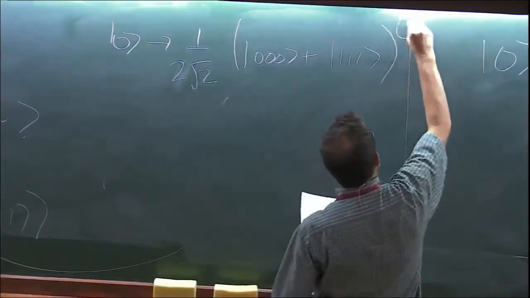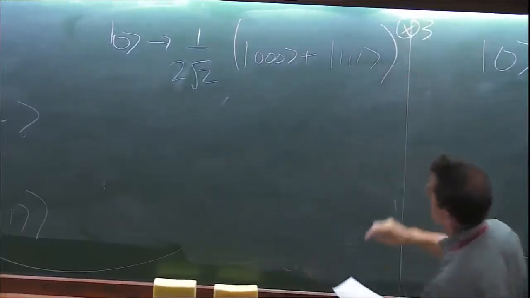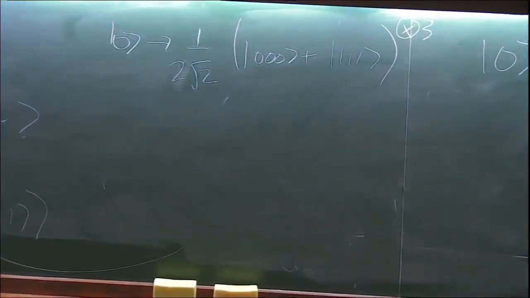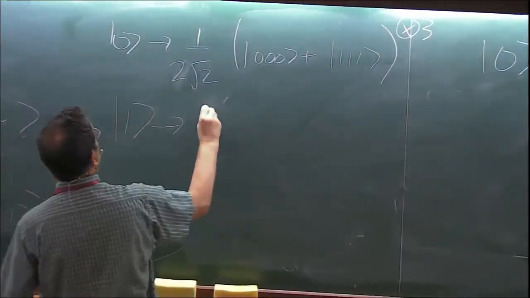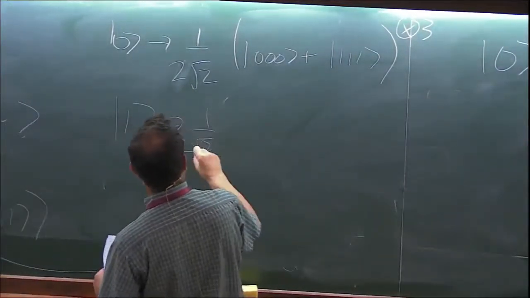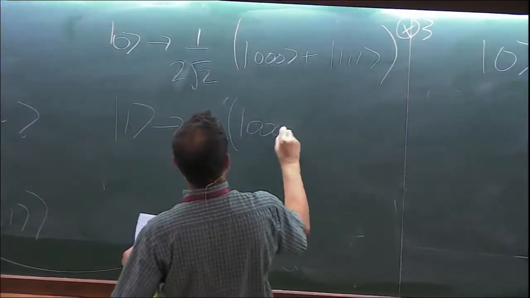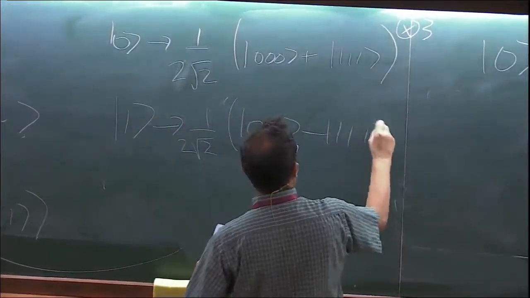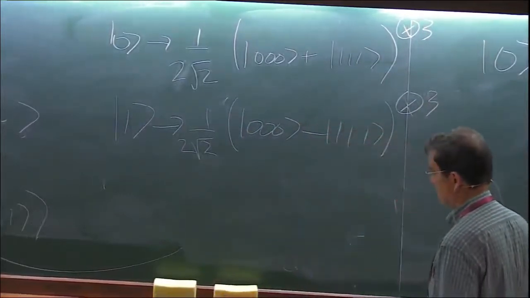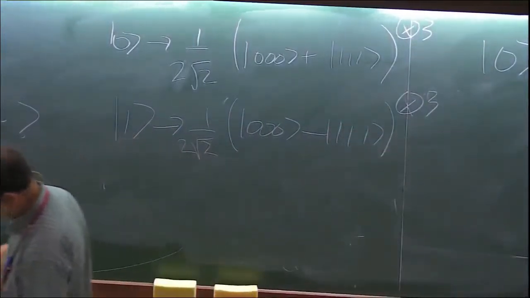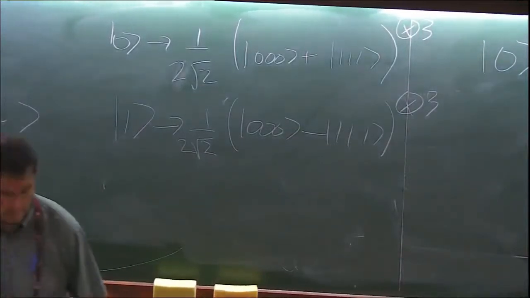And then there are 3 sets of qubits like this. And 1 goes to 1 over 2 root 2 times 0, 0, 0 minus 1, 1, 1, and that's also triplicated. Okay.